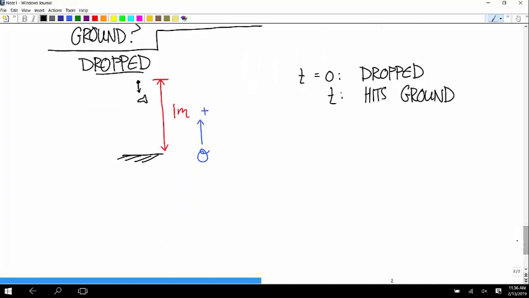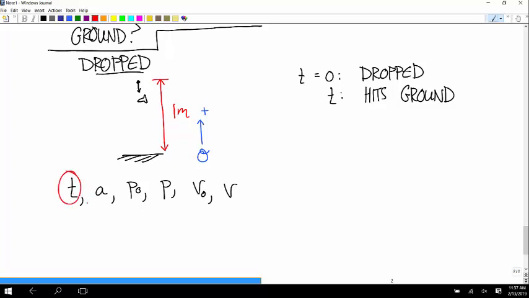And based on that, there's 6 variables that we have to consider. So let's just go through these. t, a, p0, p, v0, and v. And let's think about what we know. Do we know the time it takes to hit the ground? No, that's what we're trying to find.